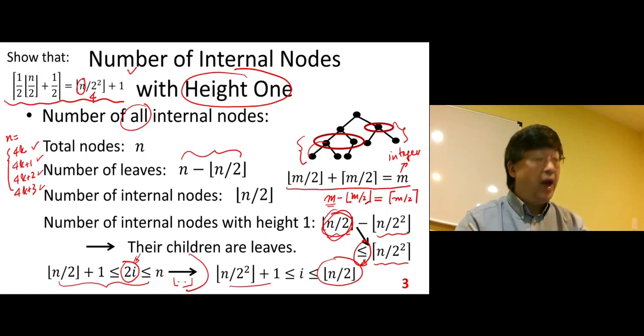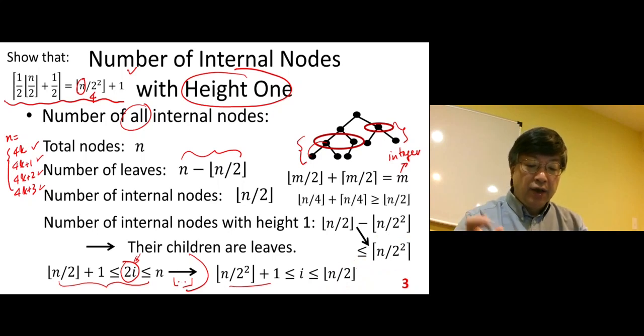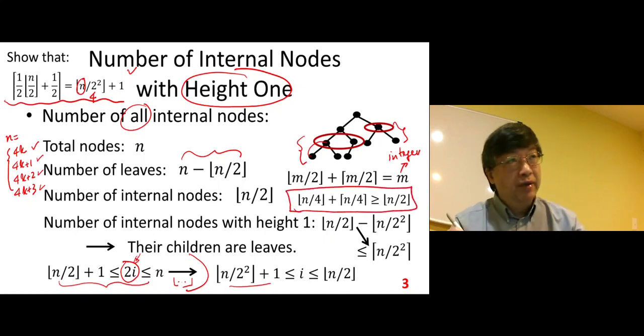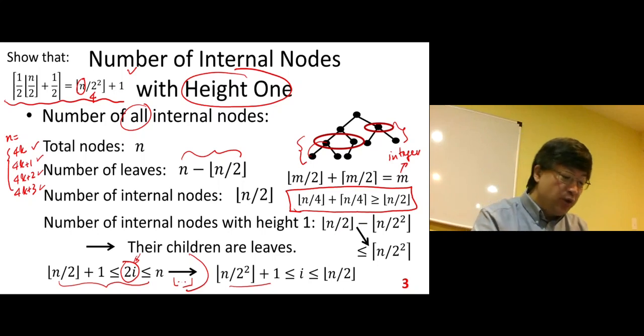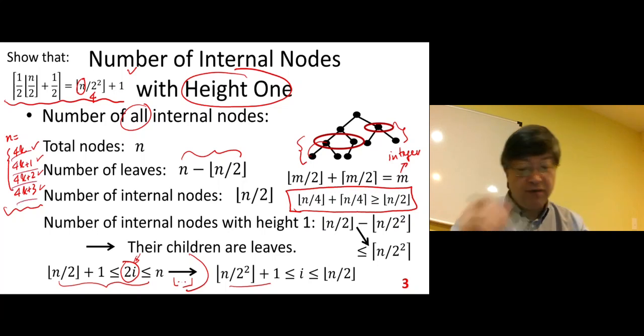How do we prove that? Because if you want to understand that formula, you may like to prove it. So we can prove this formula, the same way as we used here. You can discuss n in 4 different categories: 4k, 4k plus 1, 4k plus 2, 4k plus 3.